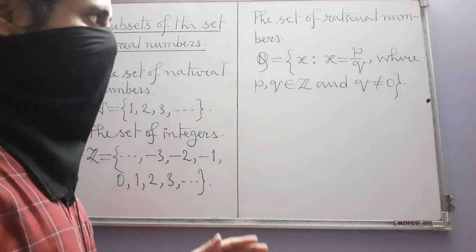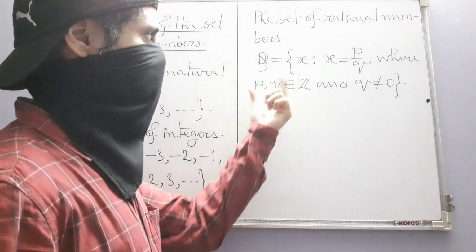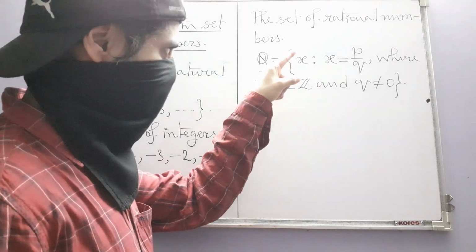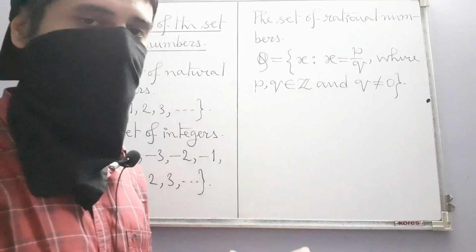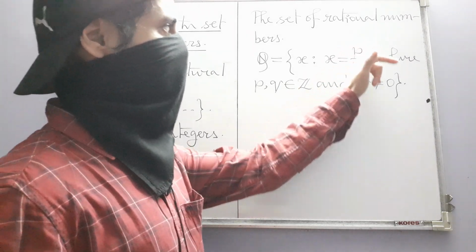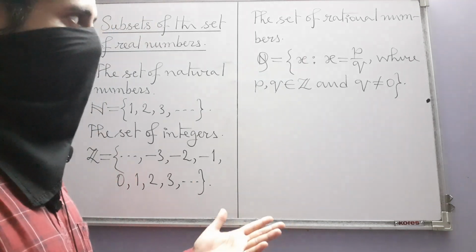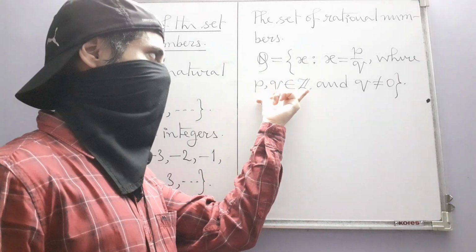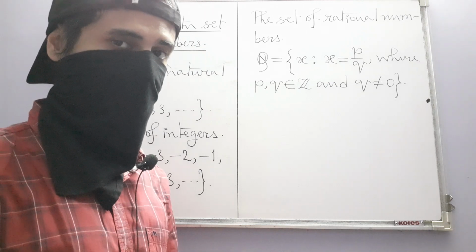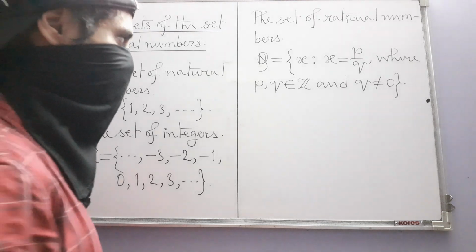I have seen a tendency of people not remembering this part. It is very important to keep in mind that p and q need to be integers. People only tend to remember that x is of this form and q is non-zero. However, if you just ignore this part, then many real numbers which are not rational will become rational.